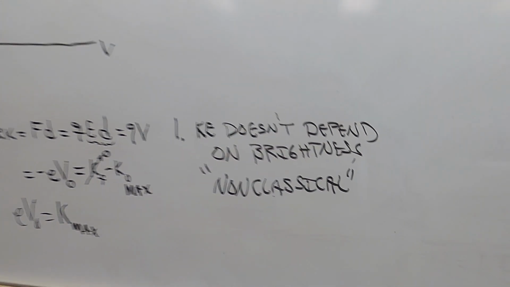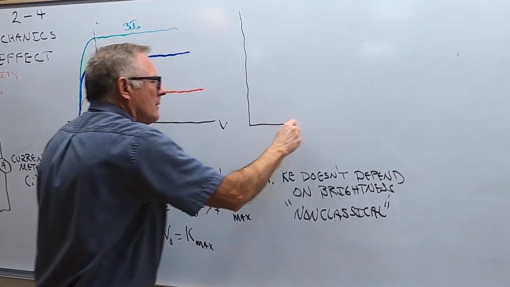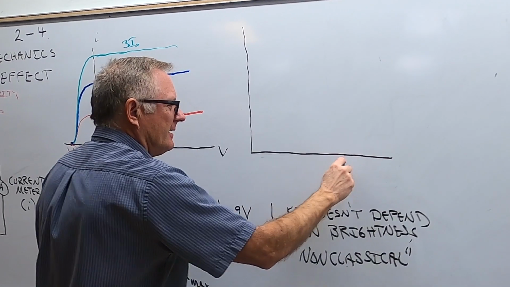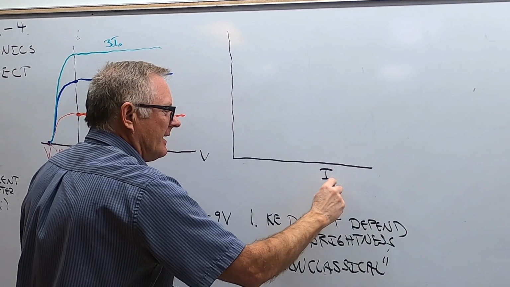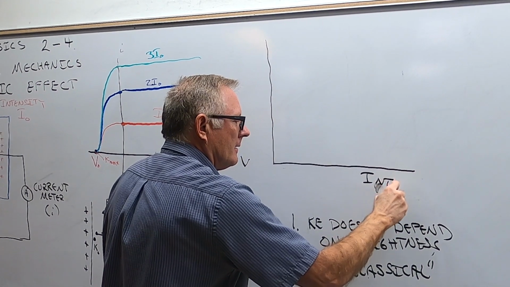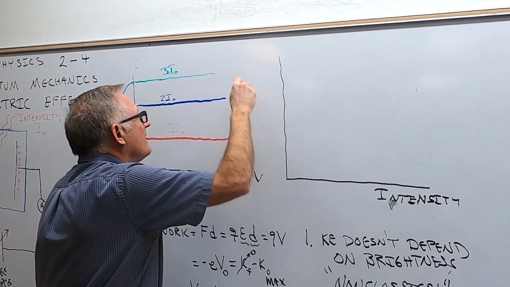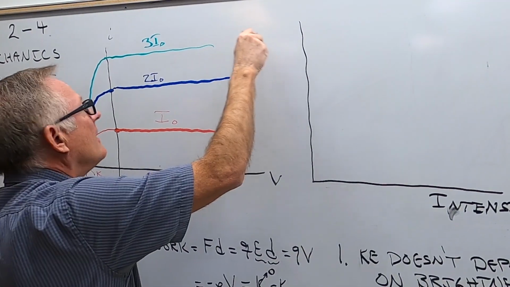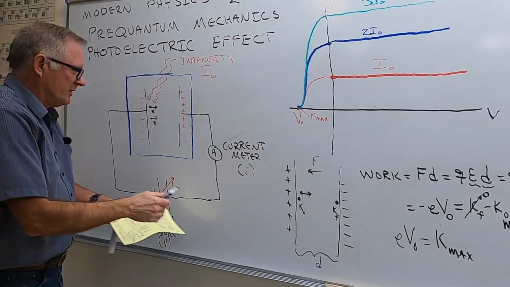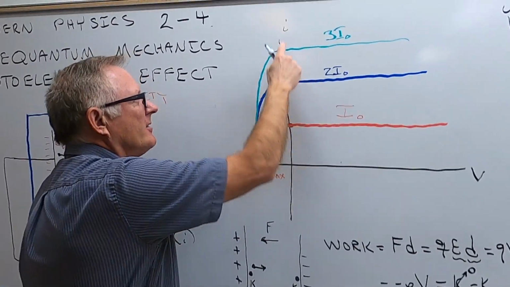Okay, what else? Suppose we were to plot the intensity on this side, I naught right here, or let's just say intensity, versus the current, little I, right here. This is only for positive voltages. You can see right here at I naught, you have a certain amount of current.